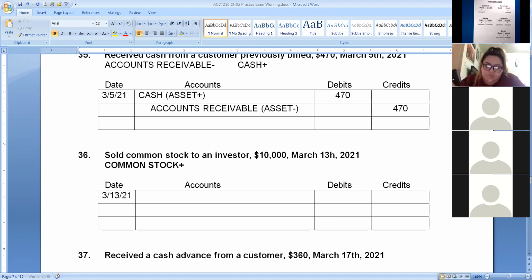We have more owners now. And what did they give us? Cash. It's possible they gave us something else, like land, but unless they tell you that, assume it's going to be cash. Okay, so cash is an asset going up. Again, we look at our chart: asset, cash going up, it's going to be a debit. You are probably getting familiar with cash going up with a debit.